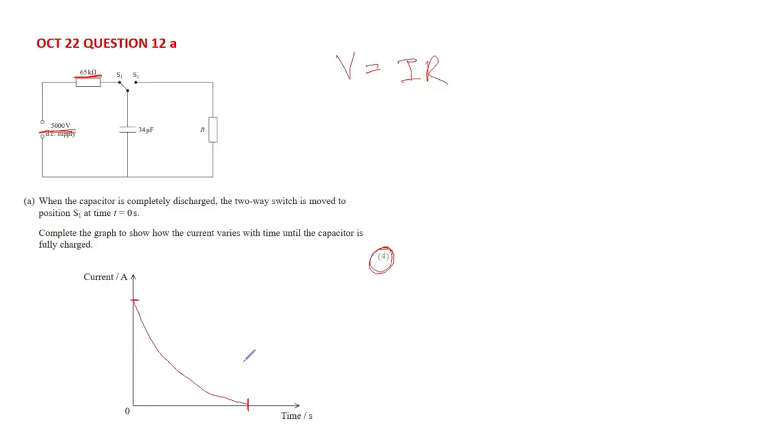So always remember, the total time of charging or discharging is always given by 5RC. So total time equals 5RC. R is 65,000 and C is 34 microfarad.